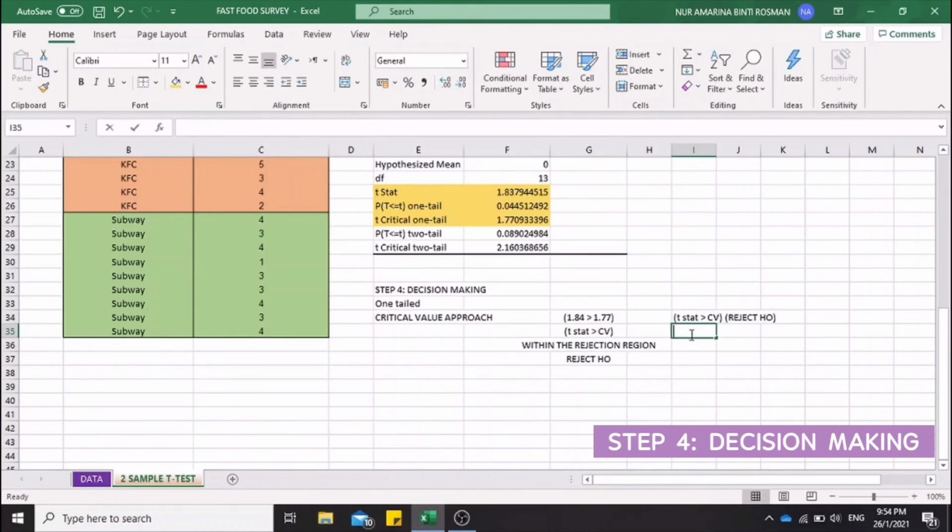But if the statistic is lesser than CV, the answer is fail to reject H0. So that's why 1.84 is bigger than CV, 1.77. So you have to reject H0.